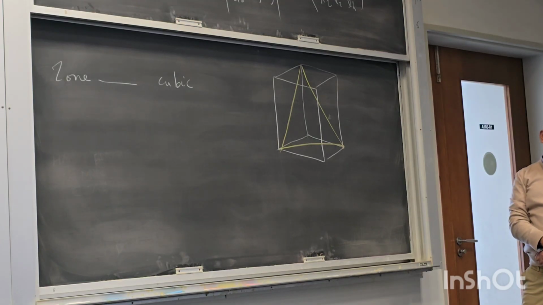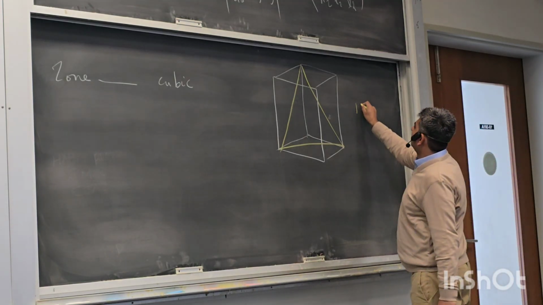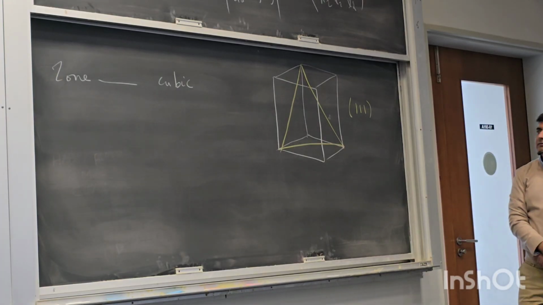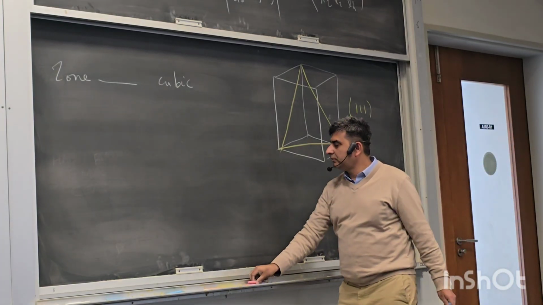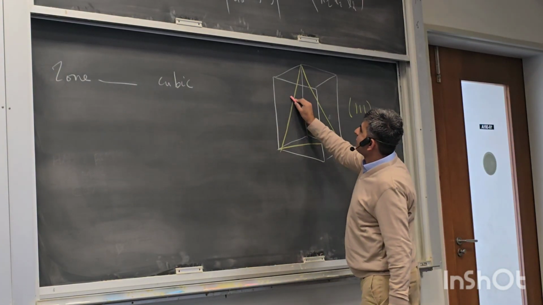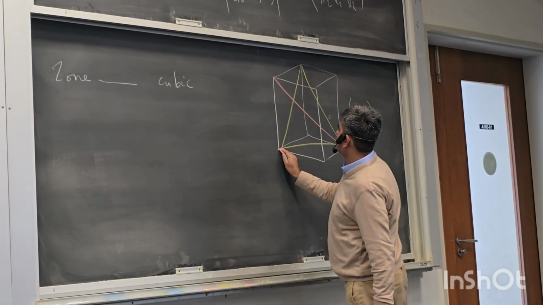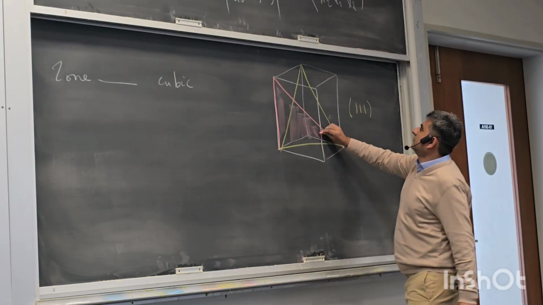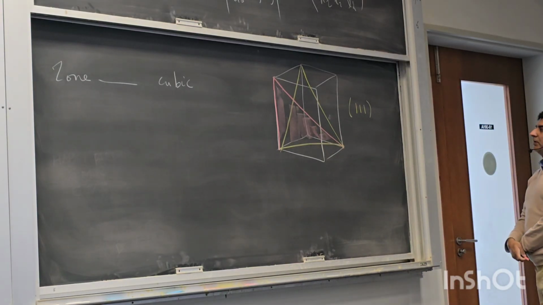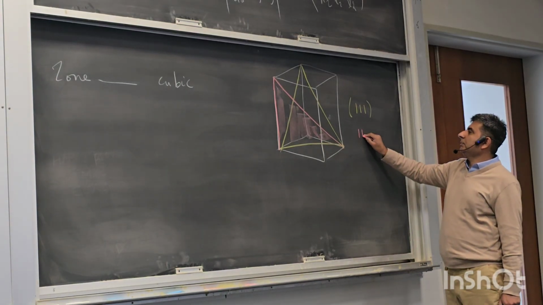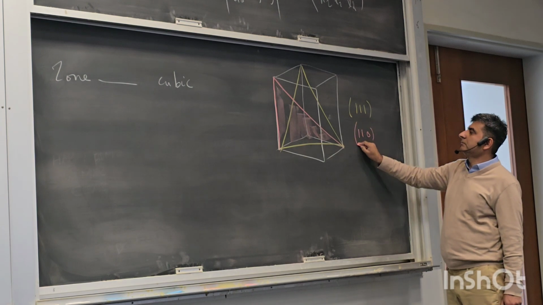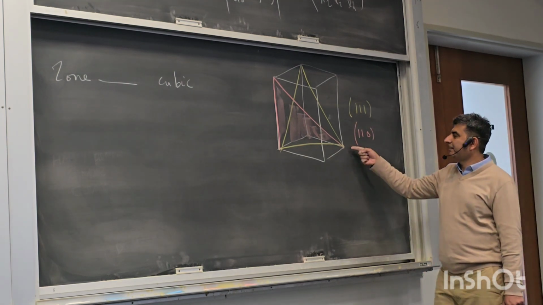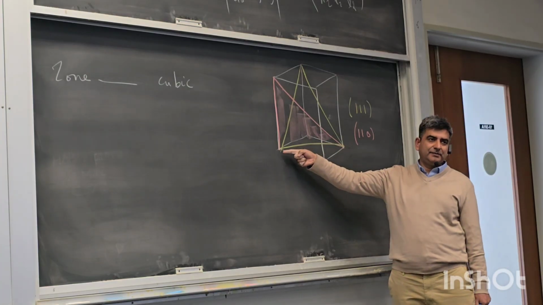Which plane is this? 1, 1, 1. Then I draw this plane. What plane is this? 1, 1, 0. Right? You can see they're intersecting here, right?